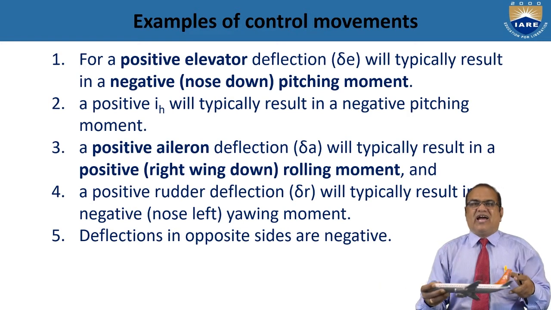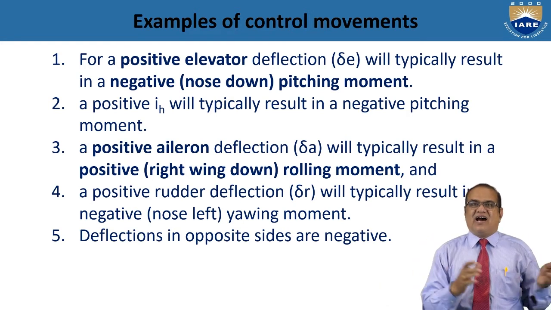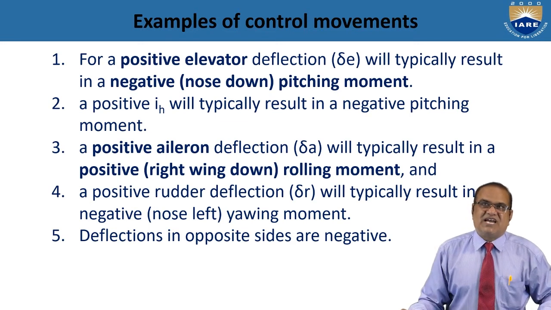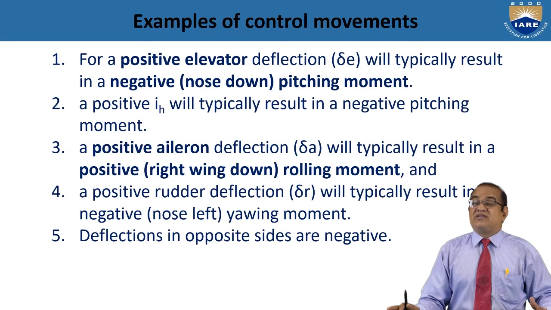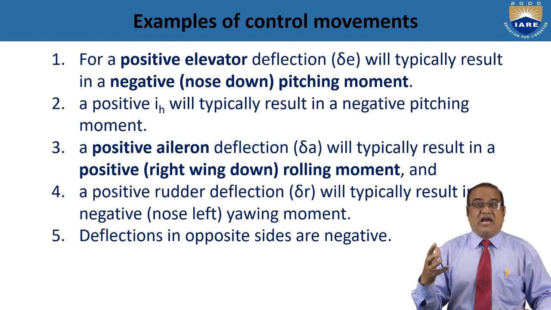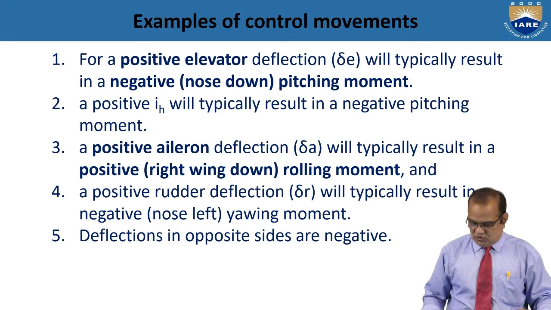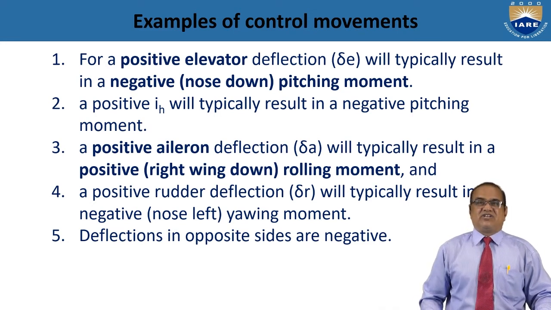Okay, so for the yawing moment, the opposite sides are negative. These are all four conditions which I have already explained, and I hope it is understood by one and all. It is very much essential to understand the concept of positive and negative control deflection.